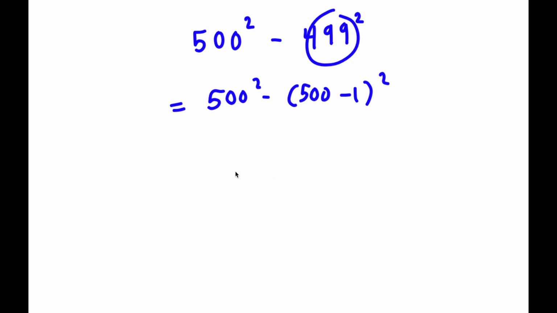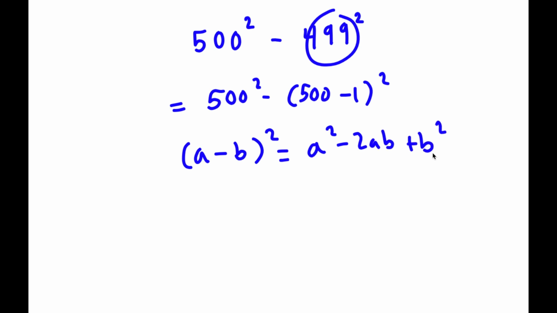Now, if I have something in the form a minus b squared, this is equal to a squared minus 2ab plus b squared. So in this case, a is going to be 500 and b is going to be 1.